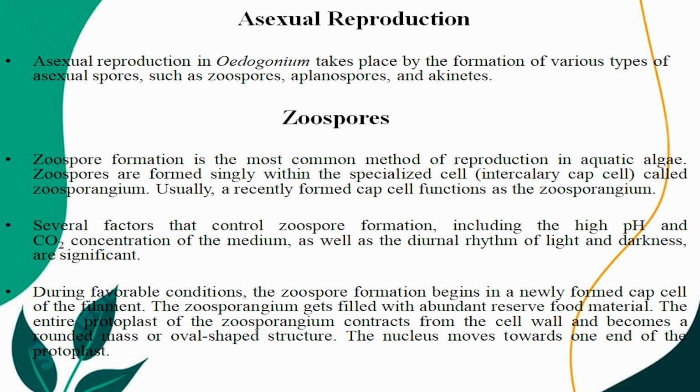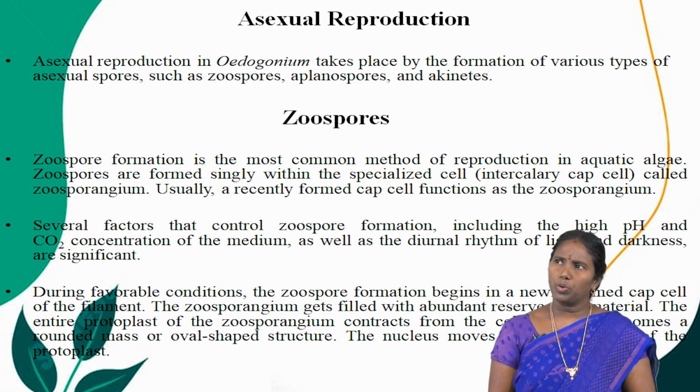The zoosporangium becomes filled with abundant reserve food material. The entire protoplast of the zoosporangium contracts from the cell wall and becomes a rounded or oval-shaped mass. The nucleus moves towards one end of the protoplast.